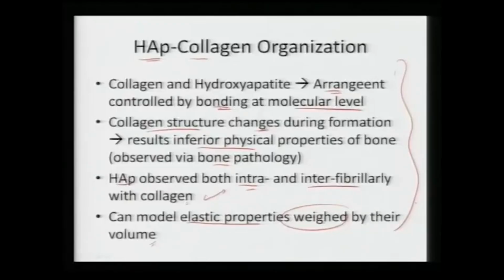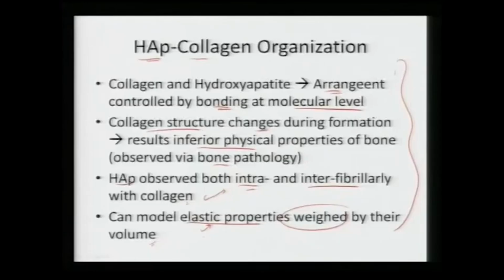So hydroxypeptide and collagen are bonded in a certain manner. There is still not much understanding of how this bonding and arrangement occurs between the two, and the way the hydroxypeptide is present in the collagen can dictate the overall volume, and from the overall volume we can find what elastic property can arise out of this particular arrangement.